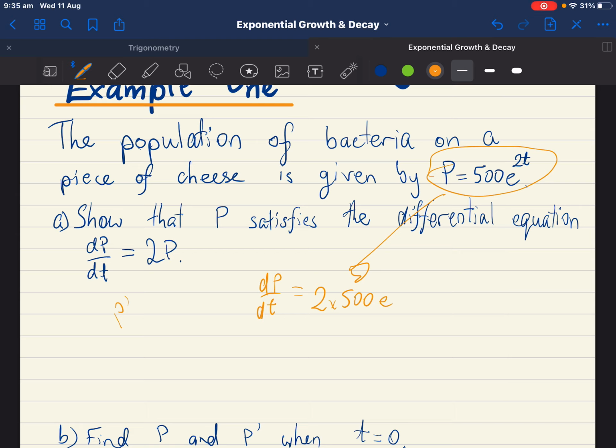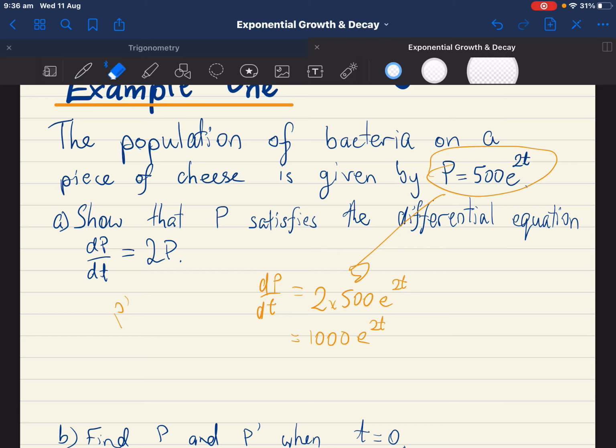You bring the derivative of what's at the top down the front, and the exponential remains unchanged. By doing this, two lots of 500. This is us differentiating.